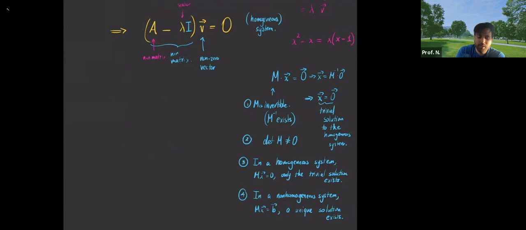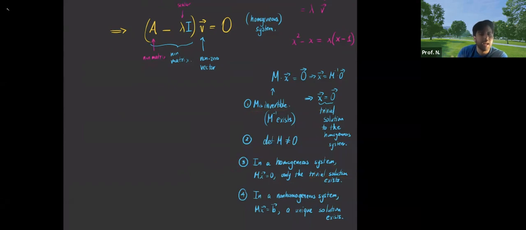Do you guys see how I'm using these equivalent statements and I'm looking at the converse, the opposite? If M is invertible, Mx equals 0 means that only the trivial solution exists. So if it's not invertible, that's the way you start to think about it. What if M is not invertible? Then that means that in the homogeneous system, the trivial solution is not the only thing that exists.